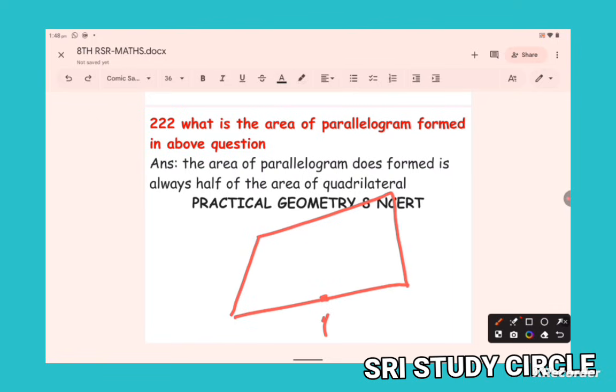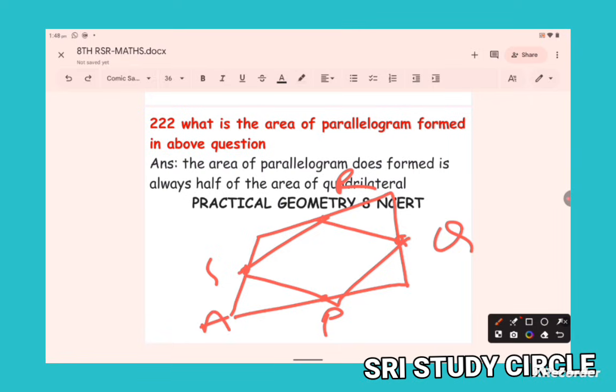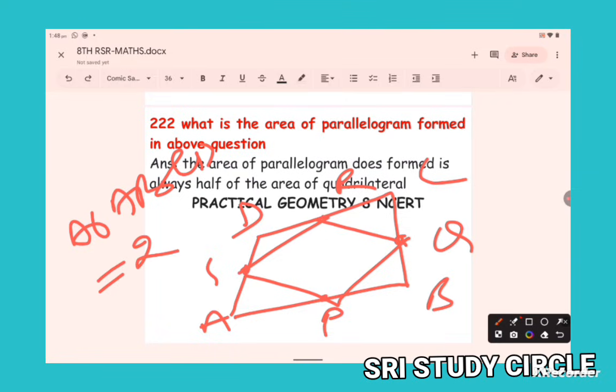ABCD is a quadrilateral with midpoints P, Q, R, S. Area of ABCD is equal to 2 into area of parallelogram PQRS, or area of parallelogram PQRS is equal to half of the area of quadrilateral ABCD.